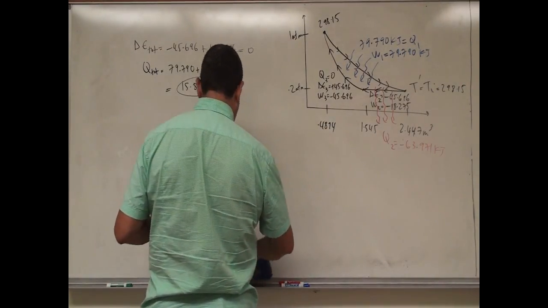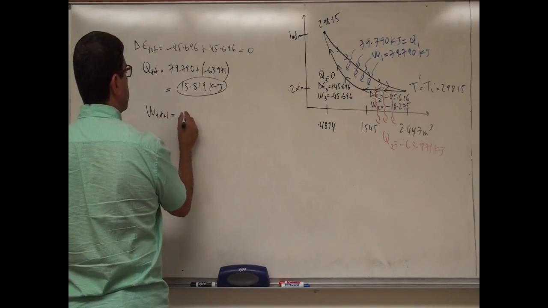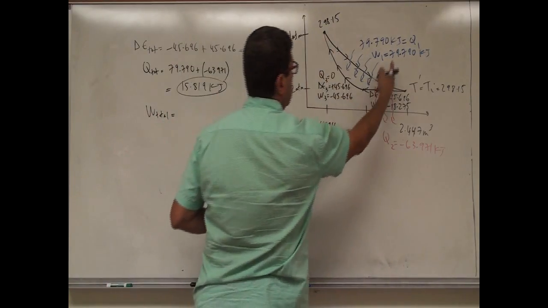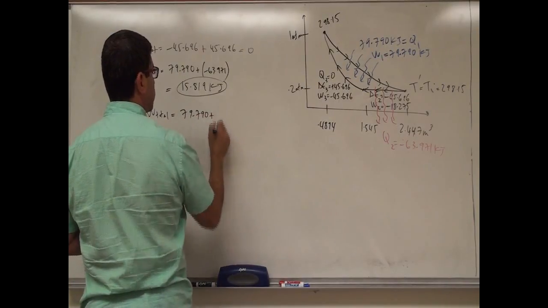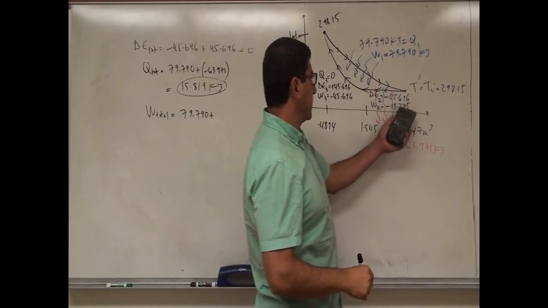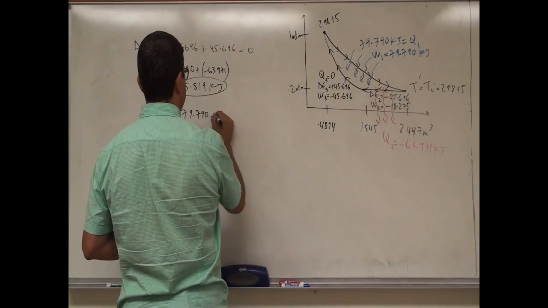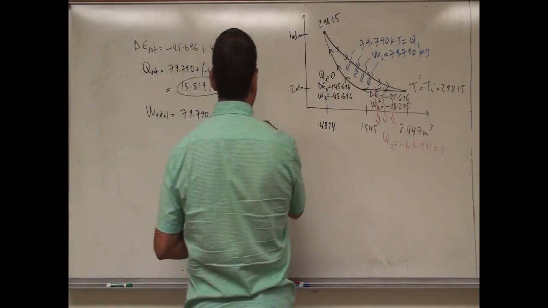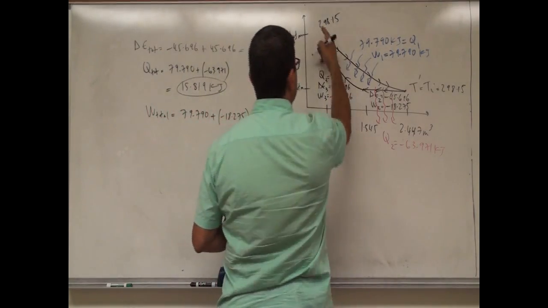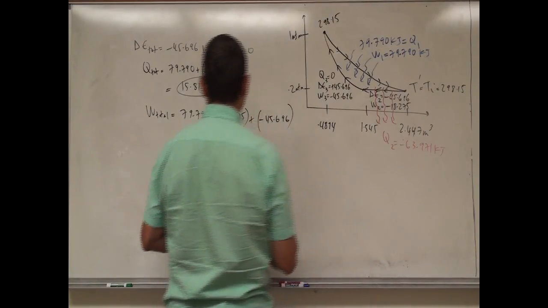So then the work total is going to equal the work in stage 1, 79.790, plus the work in stage 2, negative 18.275, and then plus the work in stage 3, negative 45.696.